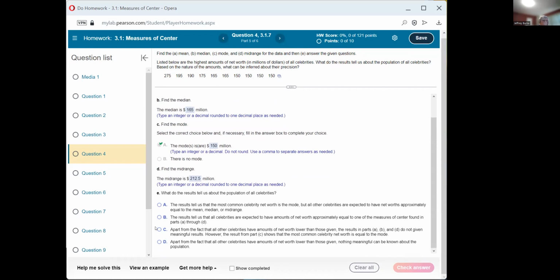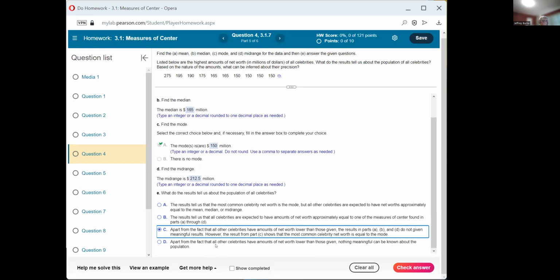So because of that, it says apart from the fact that all other celebrities have amounts of net worth lower than those given, the results in parts A, B, and D do not give meaningful results. However, the results from part C show that the most common celebrity net worth is equal to the mode.